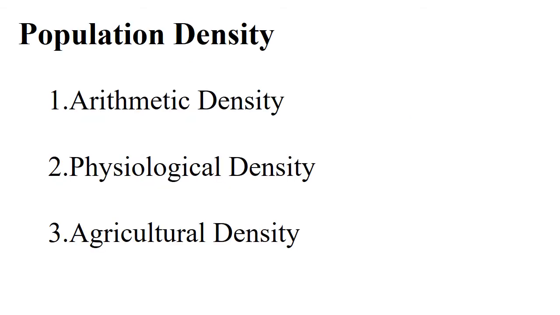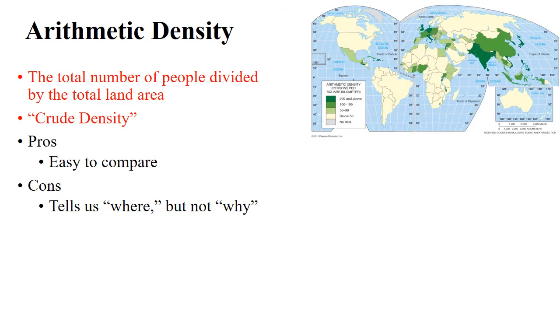The three types of population density that we're going to examine are arithmetic density, physiological density, and agricultural density. So starting with arithmetic density, which is the simplest of the ones that we will look at, and it's often called crude density because it's such a crude number, right? It's hard to kind of extract a lot of information from it.